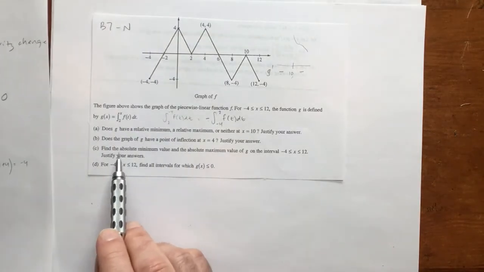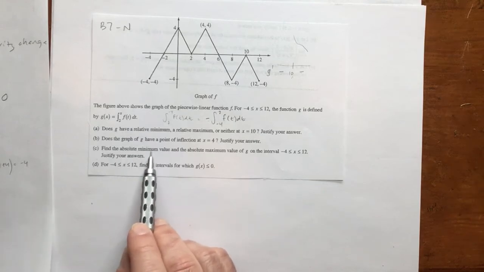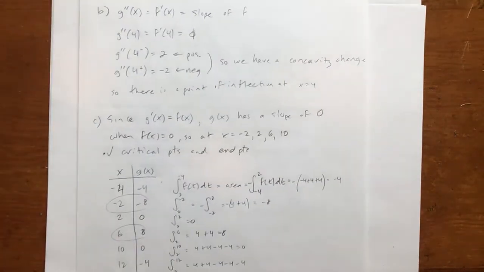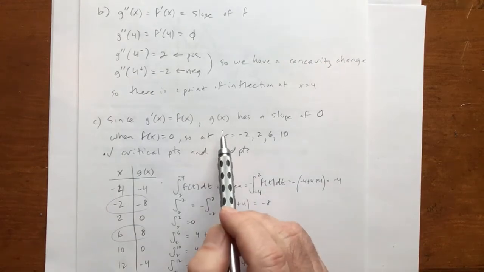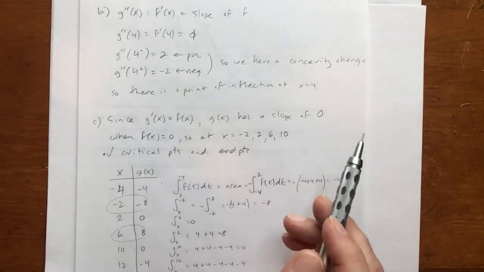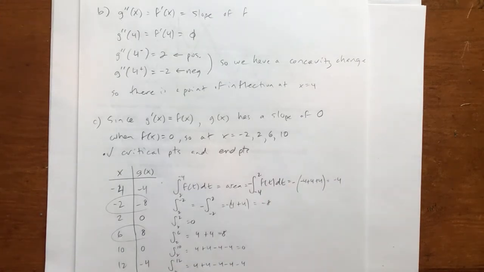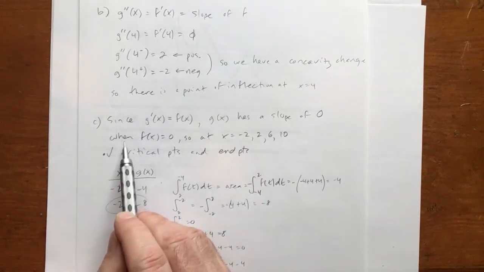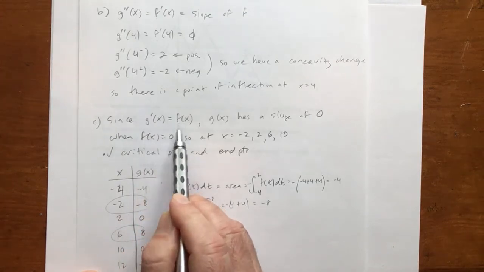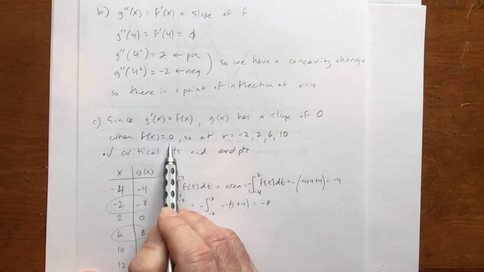What we're looking for is where we have a min or a max, and that's going to be where our slope is either undefined or 0 for g, or an endpoint. So we're going to look for critical points and endpoints. Remember, the slope of g is the y value of f. So I'm asking, when is f equal to 0?